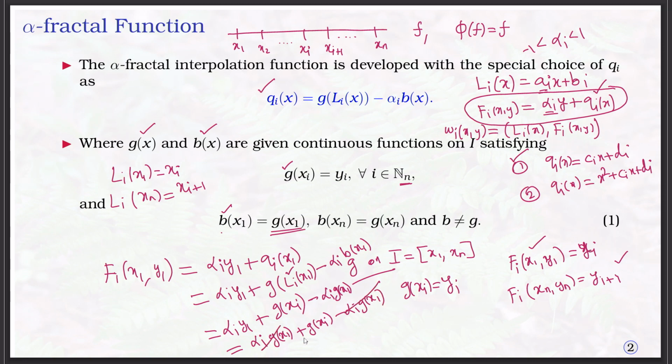Then these two terms will cancel, one can get g of xi, and g of xi is nothing but yi. So, if you are applying fi of x1, y1, one can get yi.